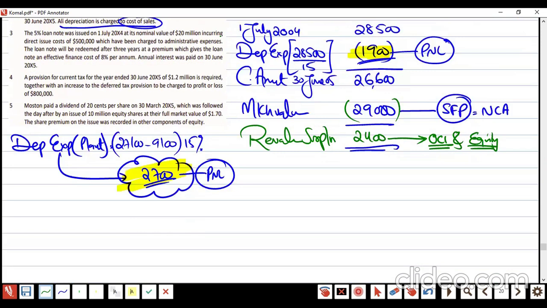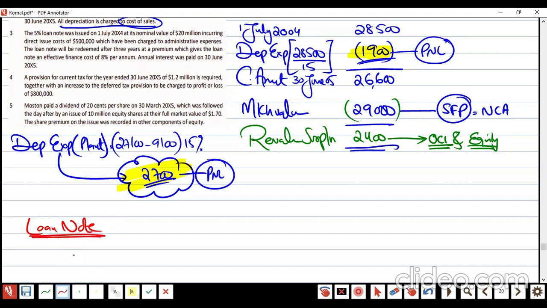The 5% loan note was issued on 1st July 2014 at its nominal value of 20 million, incurring direct issue costs of 500,000, which have been charged to administrative expenses. The loan note will be redeemed after 3 years at a premium, which gives the loan note an effective finance cost of 8% per annum.